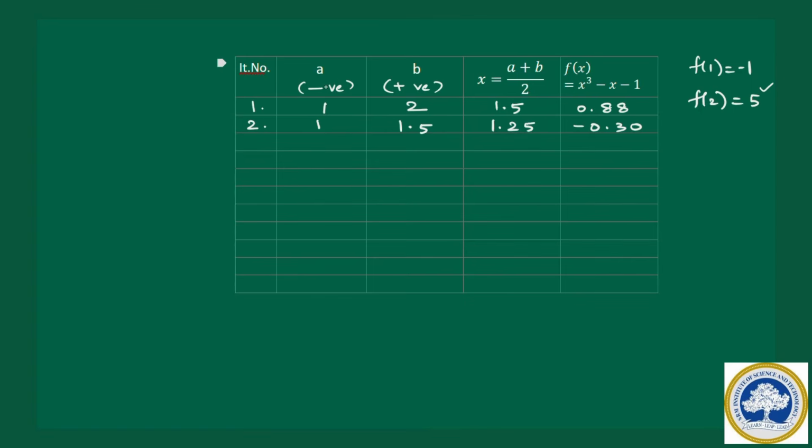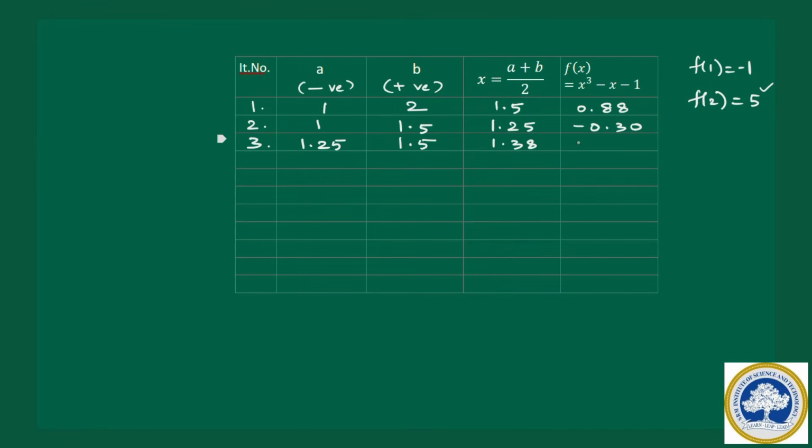Negative means here a takes the value. So this negative value corresponds to 1.25. So now you have to replace a with 1.25 and this 1.5 remains the same. You take this as the third iteration. And then you take the average of 1.25 plus 1.5 divided by 2, which is 1.38.